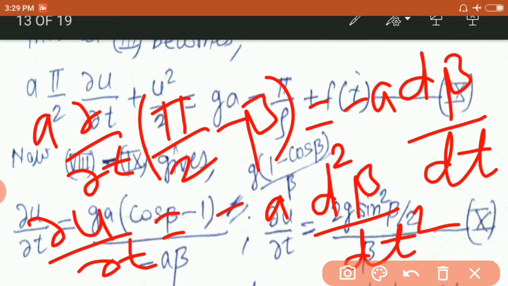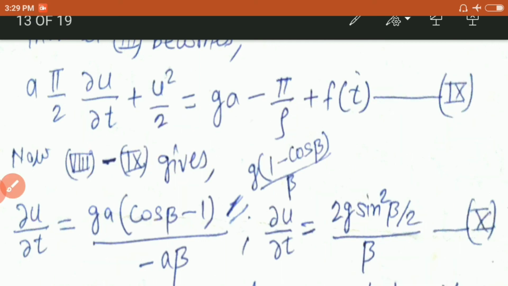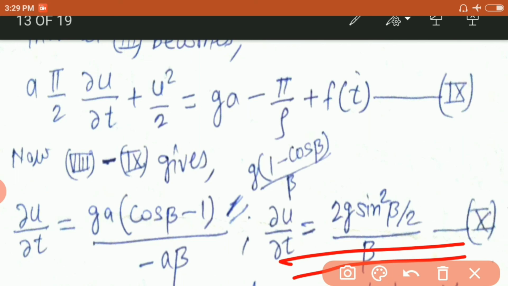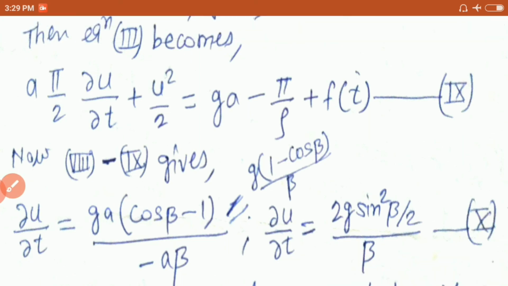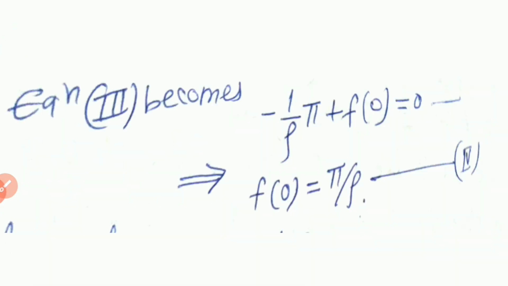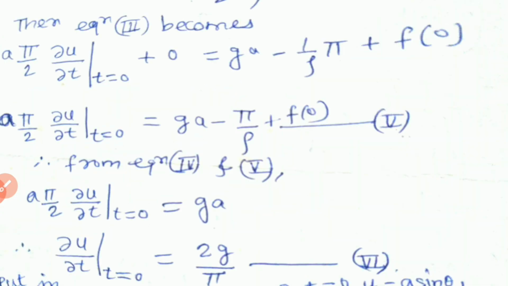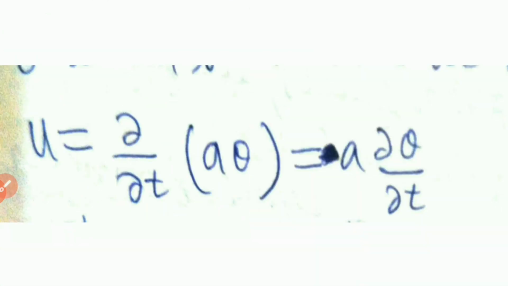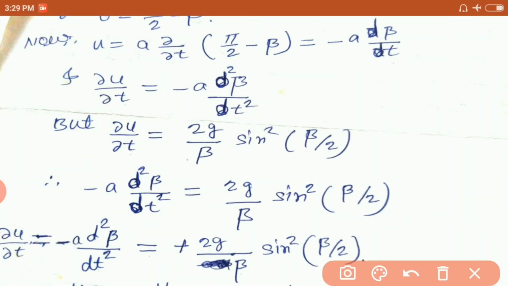But what is dou u by dou t? We have dou u by dou t is 2g upon beta sin square beta by 2, and therefore minus a d2 beta upon dt square is equal to 2g by beta sin square beta by 2.